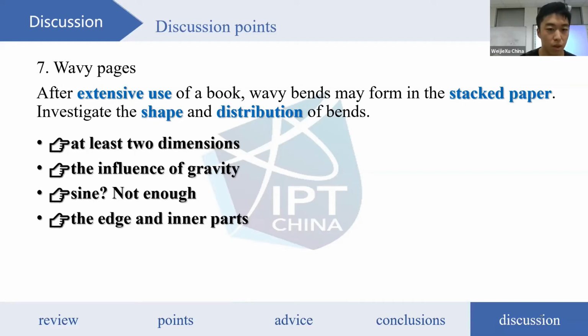Third, the sine function may not be correct enough, and you have to do the Fourier transformation and analyze it. So what if it is another function or something else? And you want to discuss the edge and the inner parts. So what is the difference? Okay, so here is our report about the opponent.